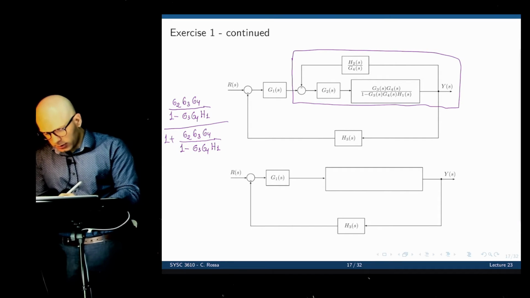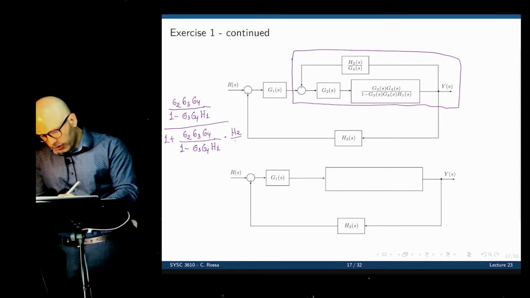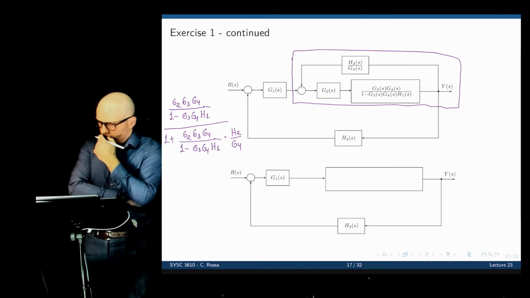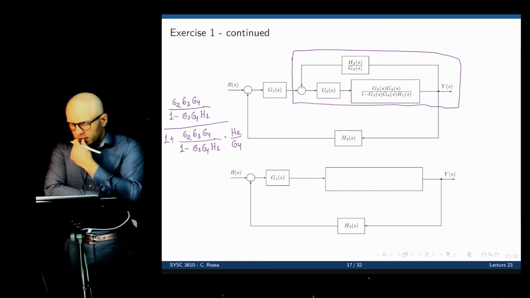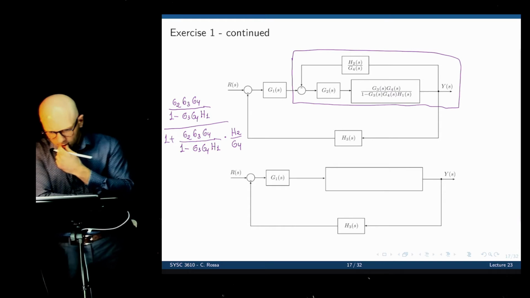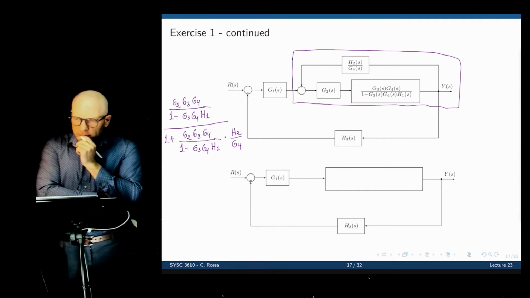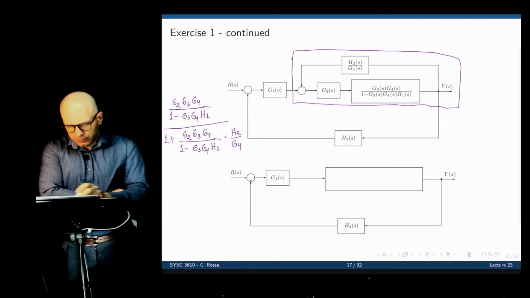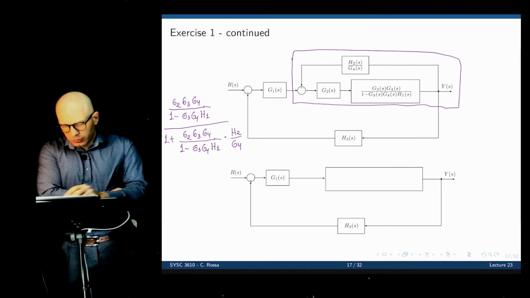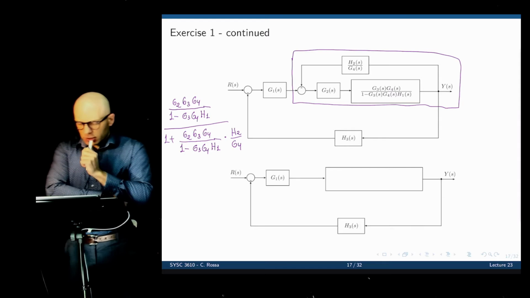Times H2 divided by G4. Okay. Is that correct? G2, G3, G4, 1 minus G3, G4, H1. Yep, everything is good. Now we can simplify this.